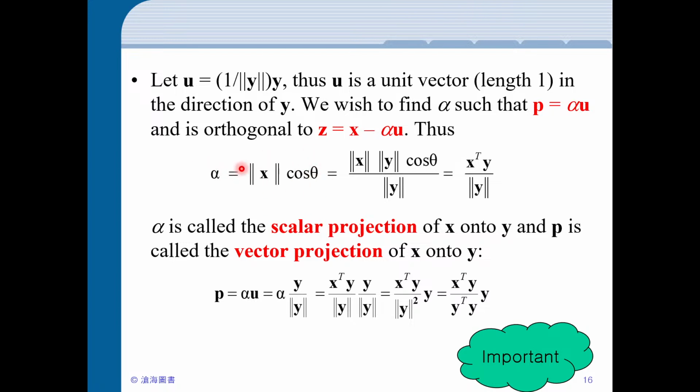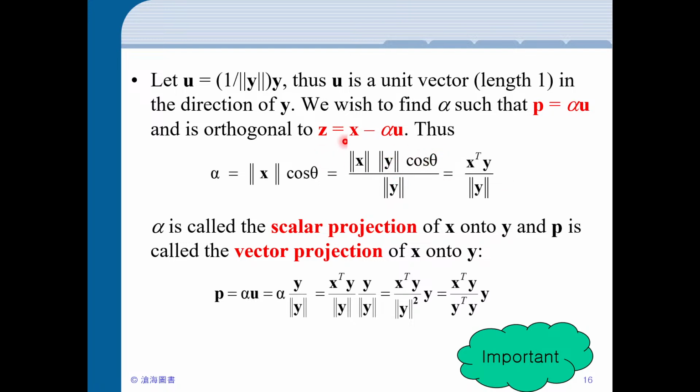Then we want to express cosine theta in terms of the inner product. Here we know the length of x times the length of y times cosine theta equals the inner product. So we multiply by the y length and divide by the y length.